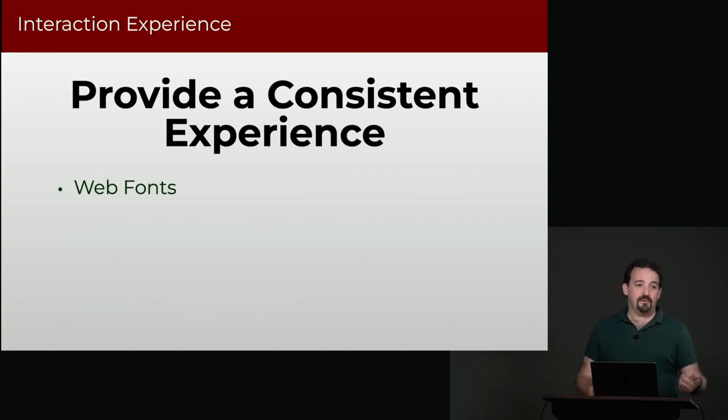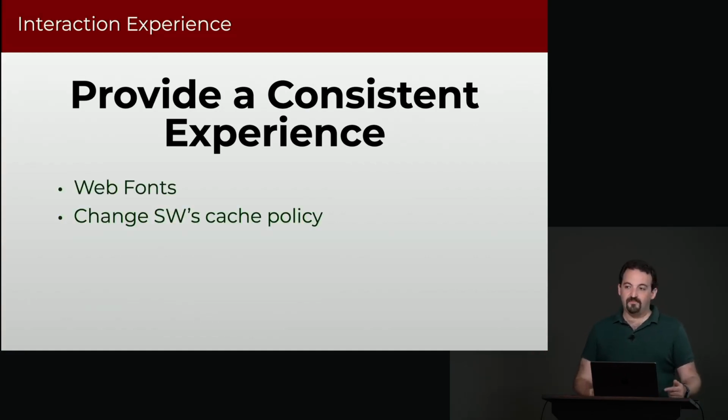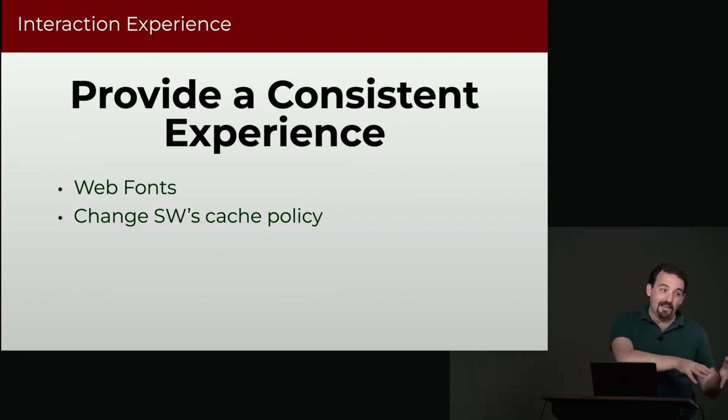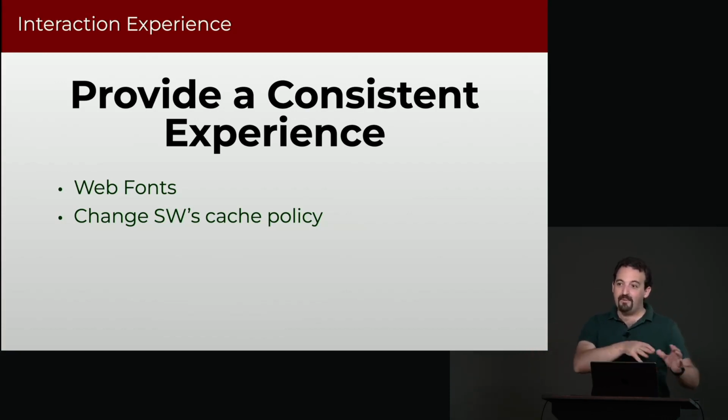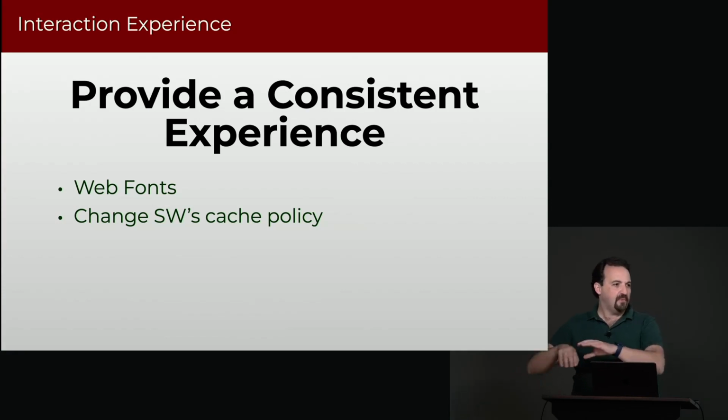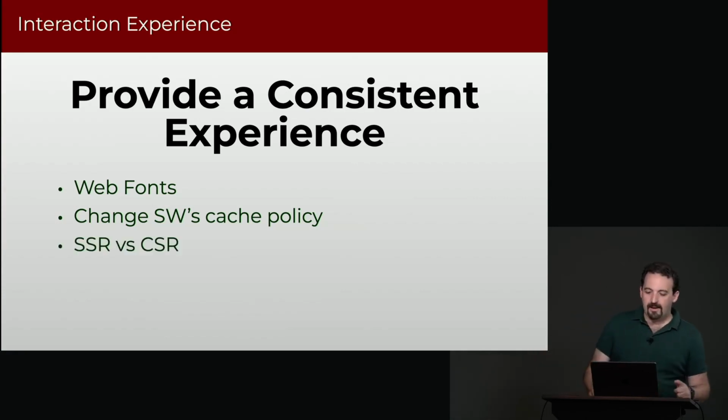So, enable or disable web fonts, change the service worker cache policy to be more local or more remote, like cloud-based. Remember service worker that can serve locally? Well, maybe we can serve locally only if the latency is too high. And if the latency is pretty good, well, maybe let's go to the cloud and be more updated. Decide between server-side render or client-side render.